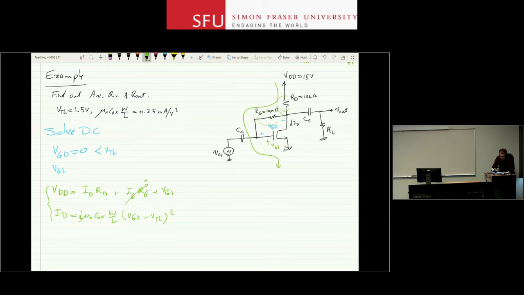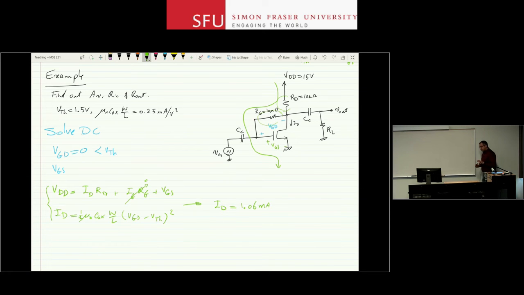Plug this value in there and the solution is similar to what we did before. To save time, I'm just going to write the final answer. ID is 1.06 milliamps.